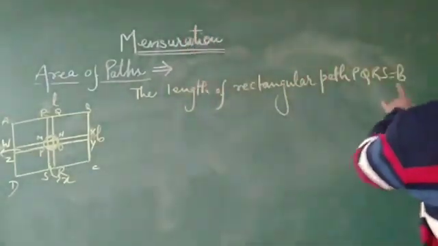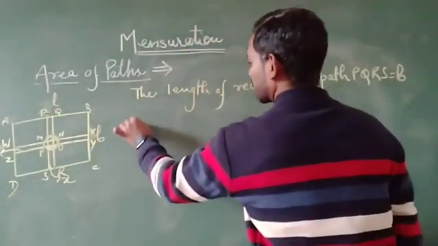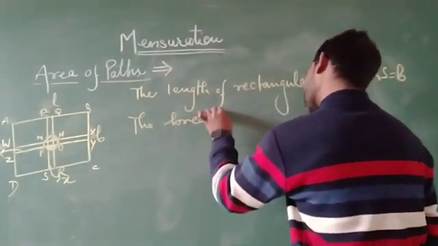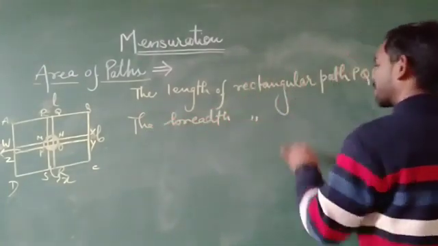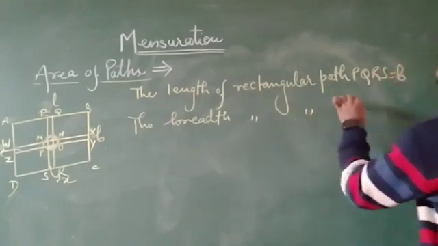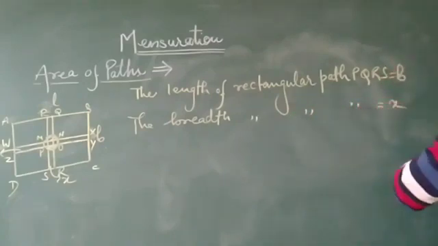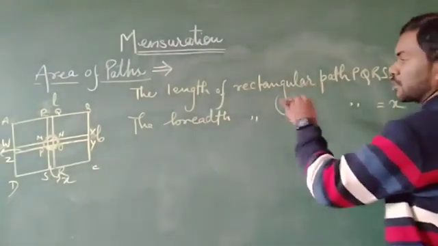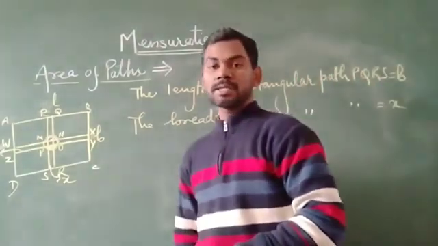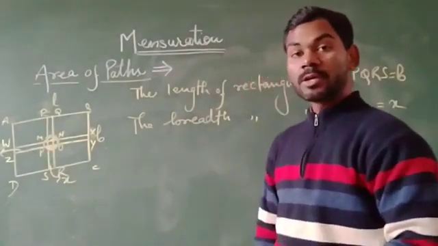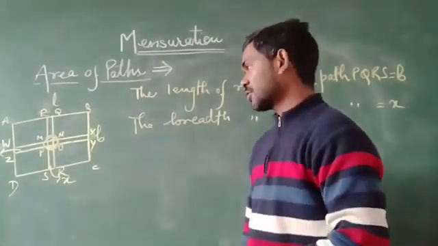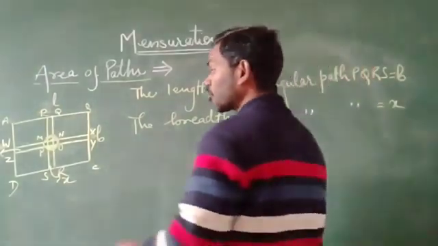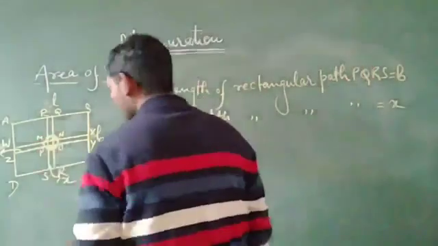And the breadth of rectangular path PQRS is equal to x. So here we get the length and breadth of the rectangular path PQRS, and applying the basic concept, length into breadth will give the area of the rectangular path PQRS with the common area MNOP.